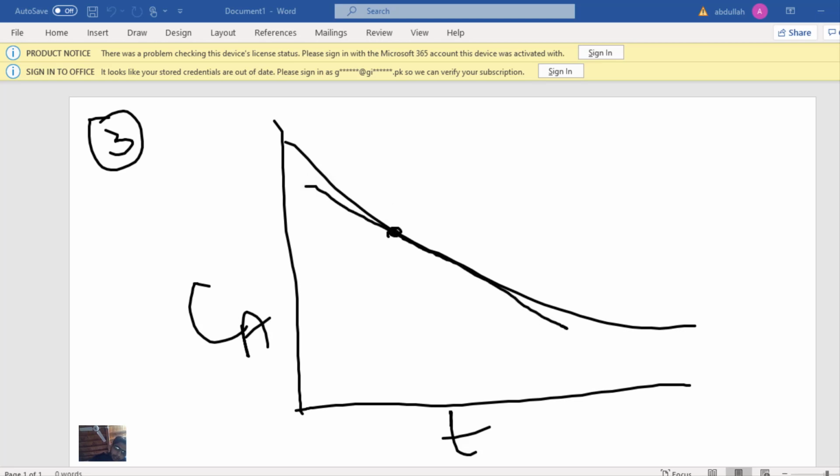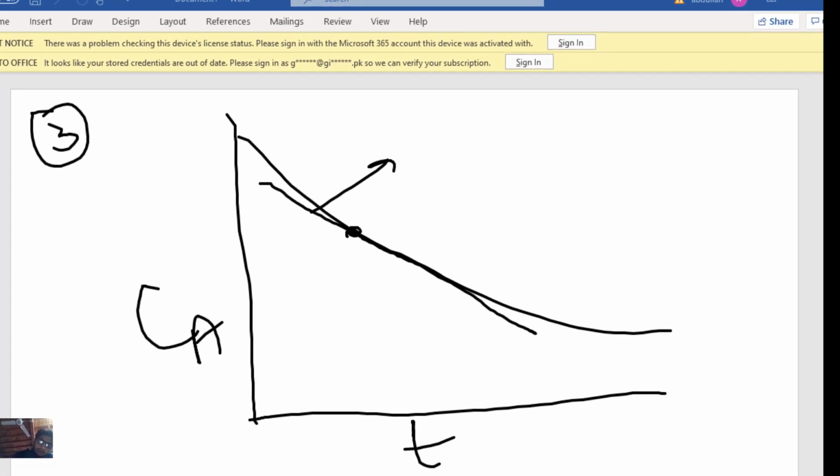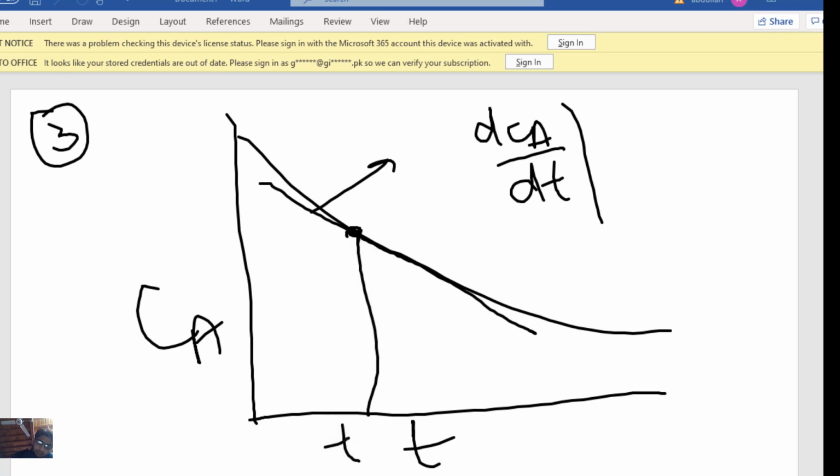The slope of this tangent line is nothing but the derivative, or the differential, or the instantaneous rate of reaction, and it is nothing but dCA by dt at time, suppose, t1. This rate is called the instantaneous rate of reaction.